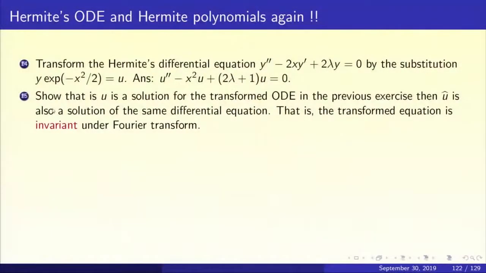So what happens to this combination u double prime minus x squared u when you take the Fourier transform? You again get the same expression, thanks to Theorem 37. And so when you take the Fourier transform of the differential equation, you get back the same differential equation.